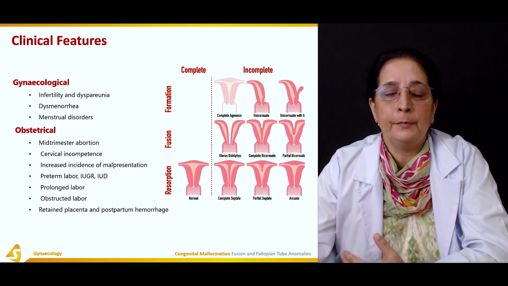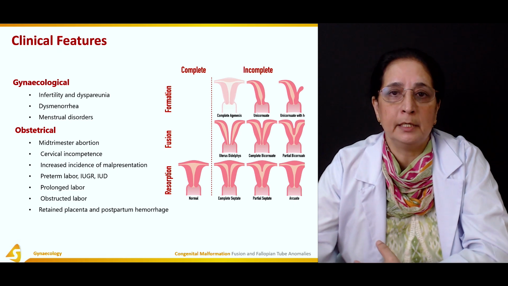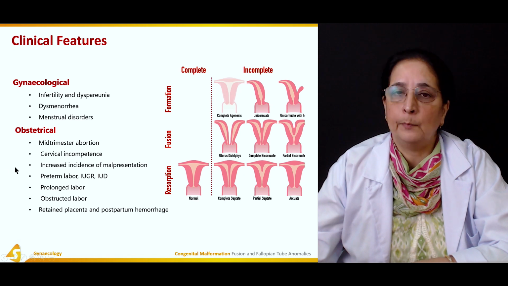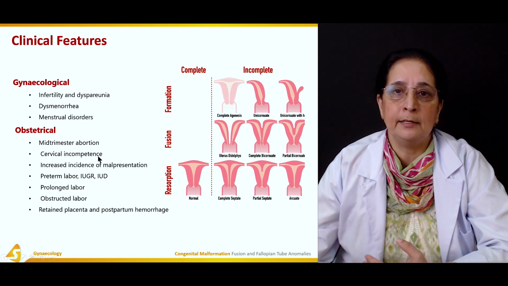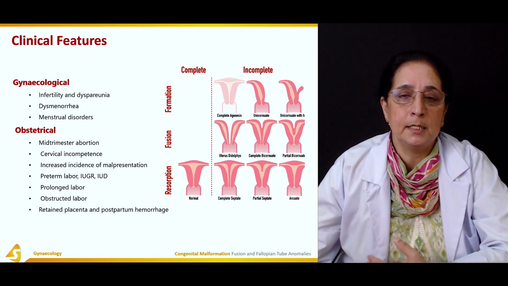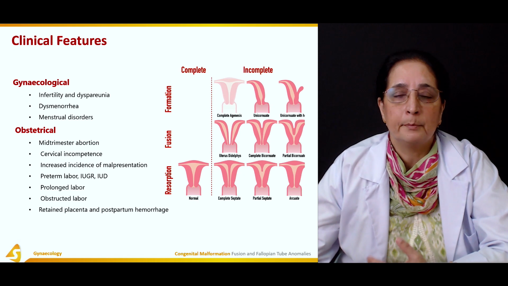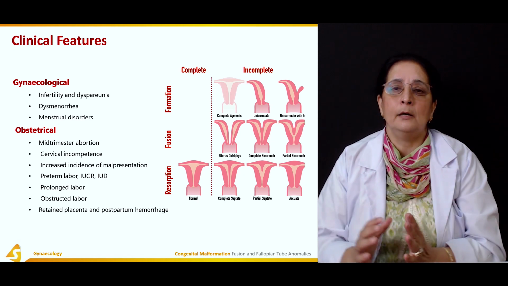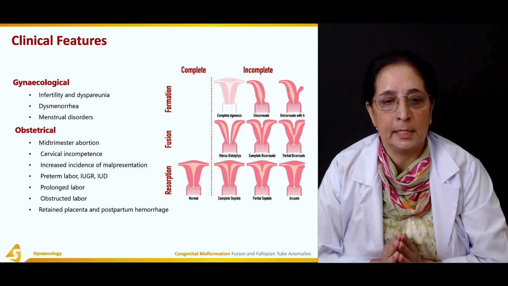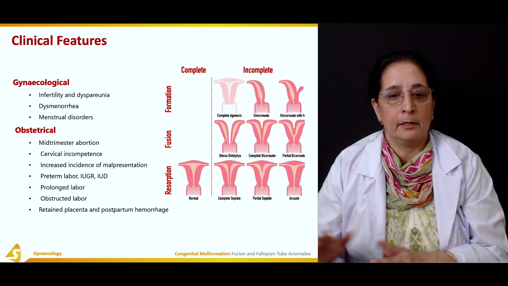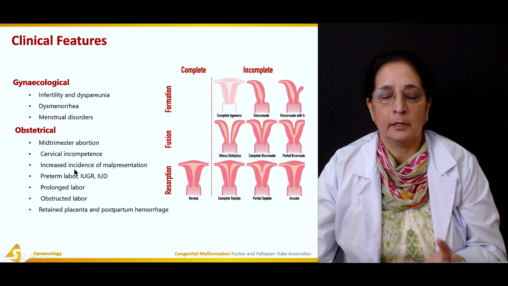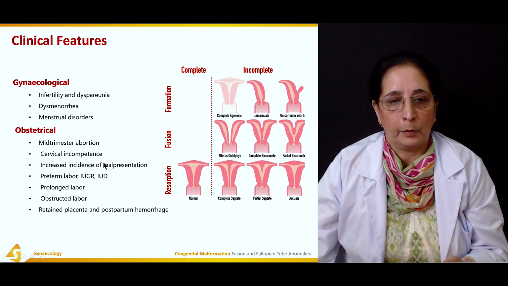The obstetric abnormalities or features associated with these anomalies, we have mid-trimester abortions. If the patient conceives, which is very unlikely, usually there is mid-trimester abortion because of the failure of the growing baby to grow in all these different anomalies of the uterus. There is cervical incompetence. Usually the cervix opens and leads to abortion.